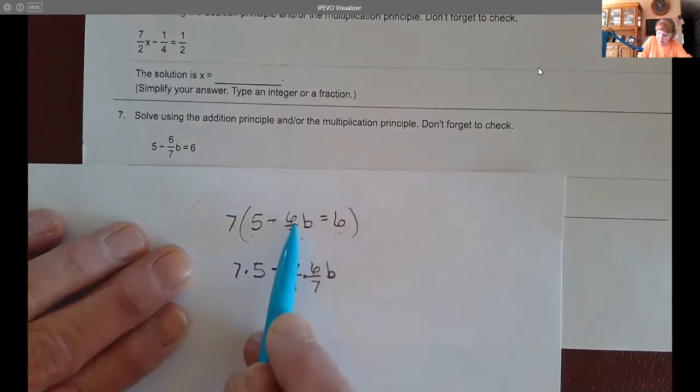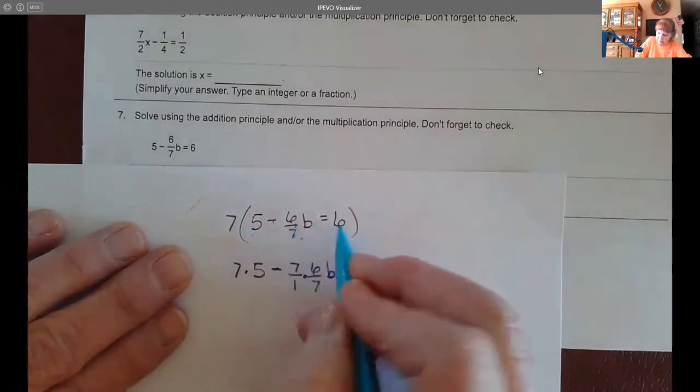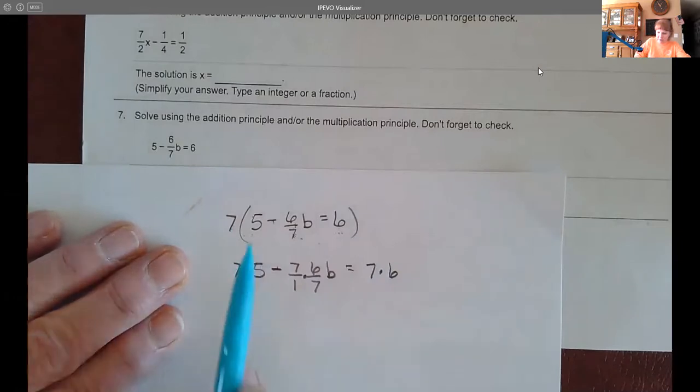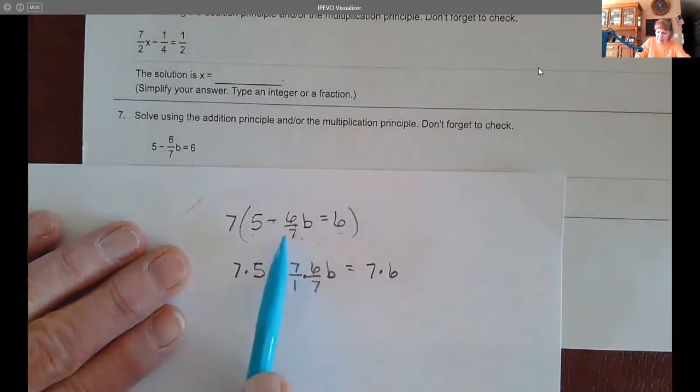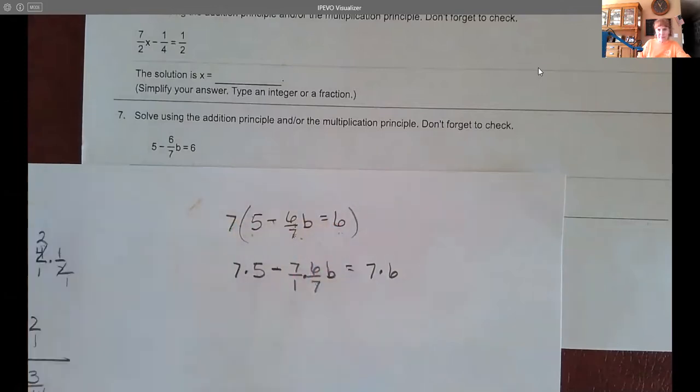So this times the second term. And then I'll take 7 times the last one. So I took 7 times 5, 7 times 6/7, and I did put the 7/1 just to make the multiplying of the fraction and reducing easier. And then 7 times 6.